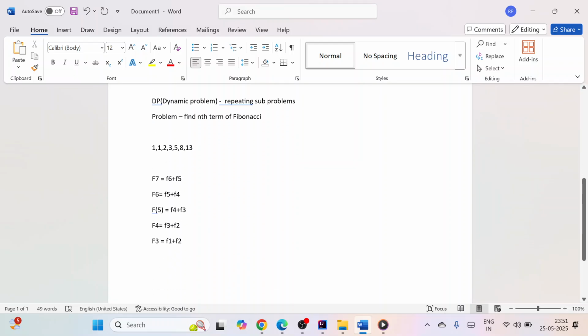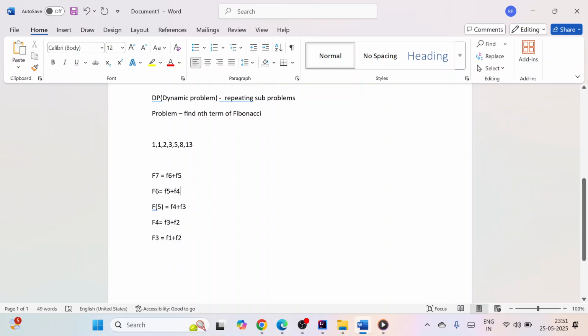So you can see, to get F7 I need F6 and F5, but F6 we don't know, even F5 we don't know. To calculate F6 we are using F5 plus F4. This problem we are resolving, and for F5 we are adding the previous two numbers F4 and F3, and here you can see we are repeating F4. The subproblems are getting repeated. In both cases, we are calculating F4 again and again.